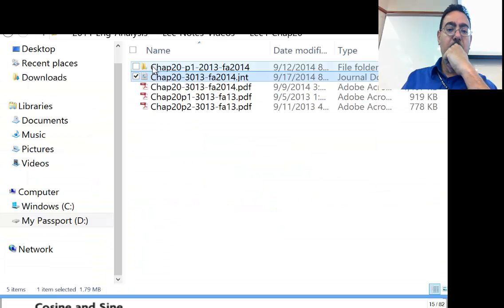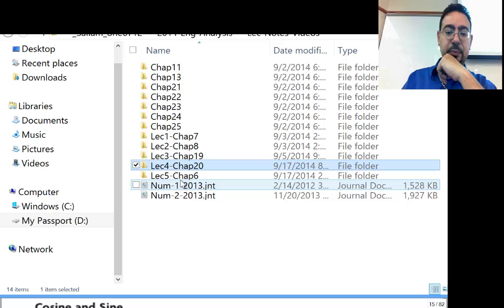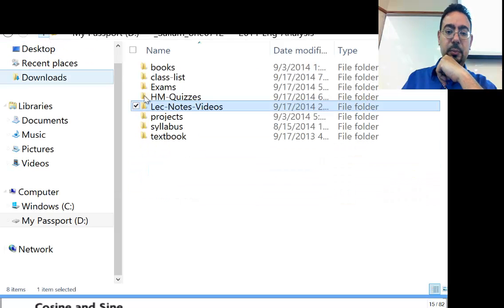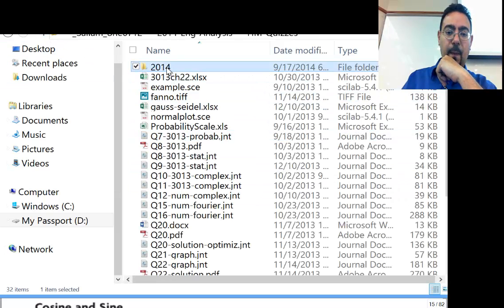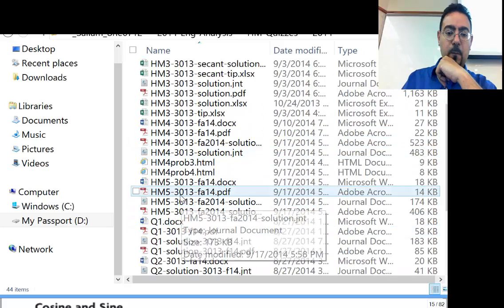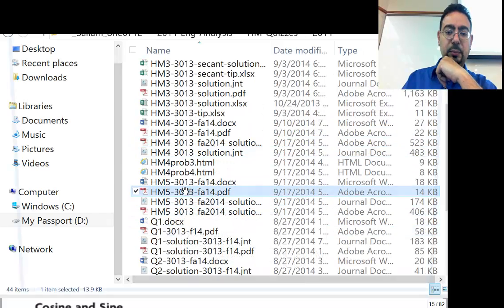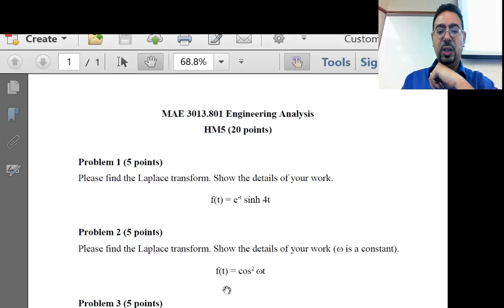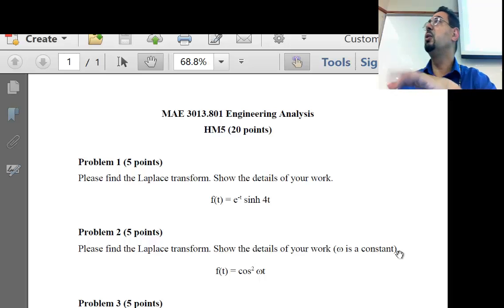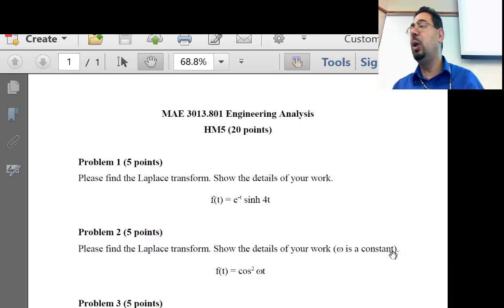So let's look at the homework for a second. Homework 5. So see, it says, what is the Laplace of cosine squared omega t? Omega is a constant, so it's like 5, 7, 8, don't worry about it.